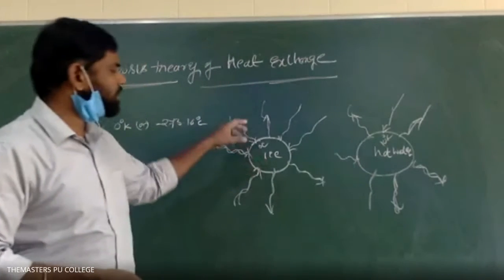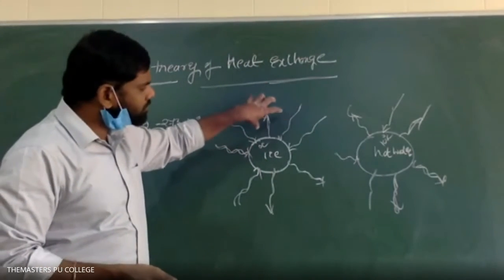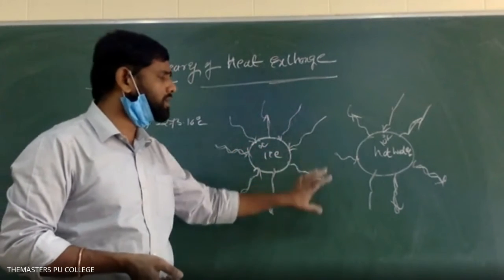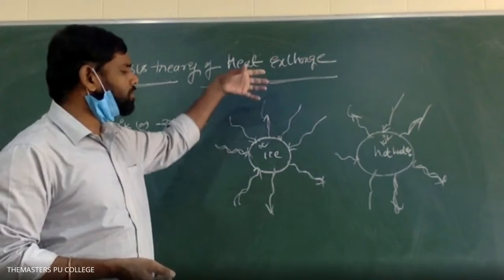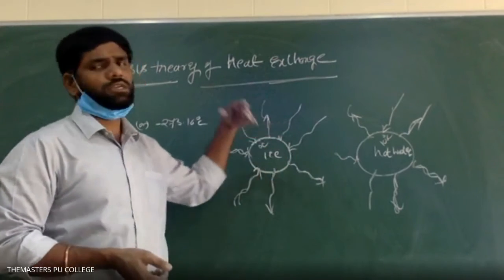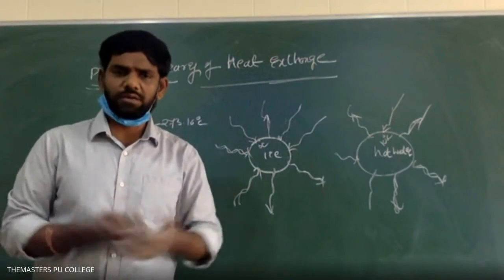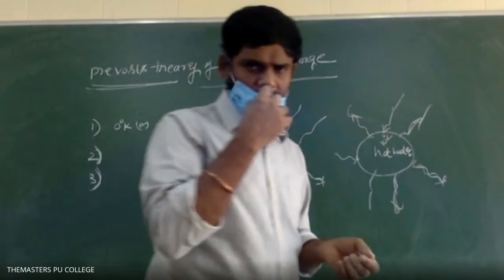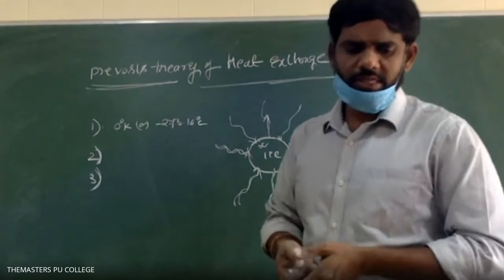So emission more, absorption less means temperature decreases. Absorption more, emission less means temperature increases. That is only the two things. Okay, clear students?